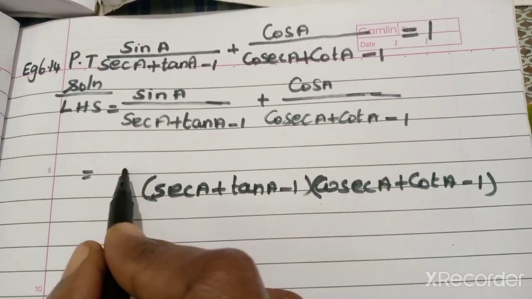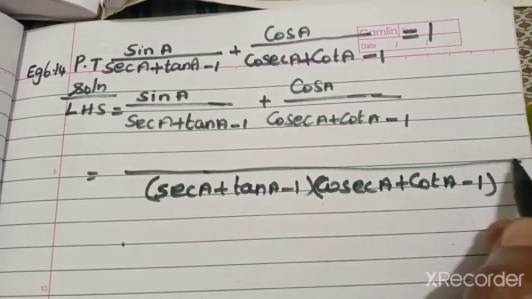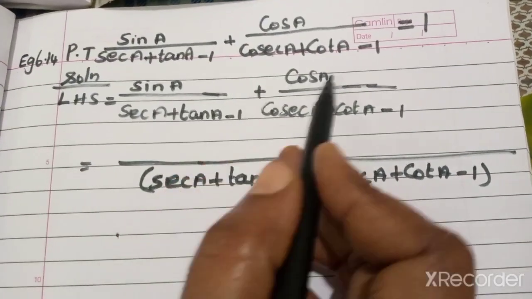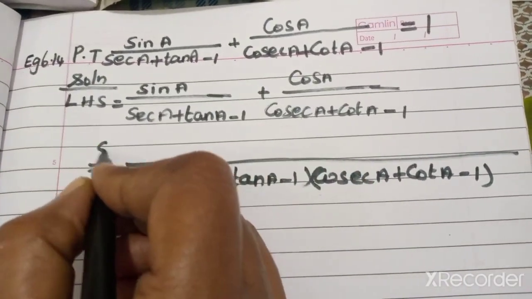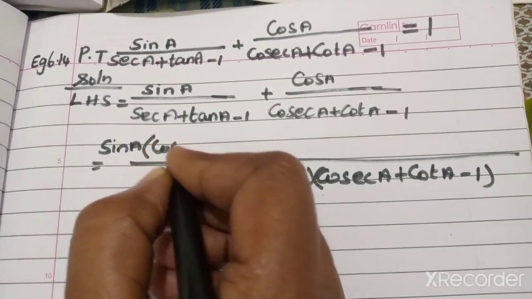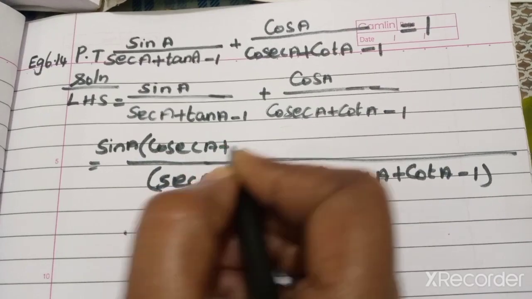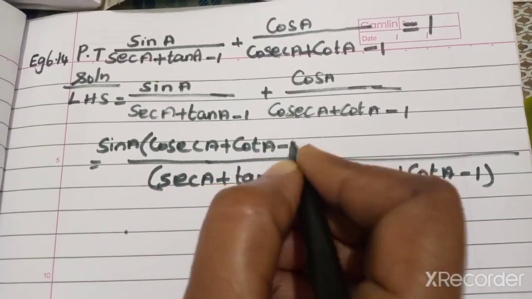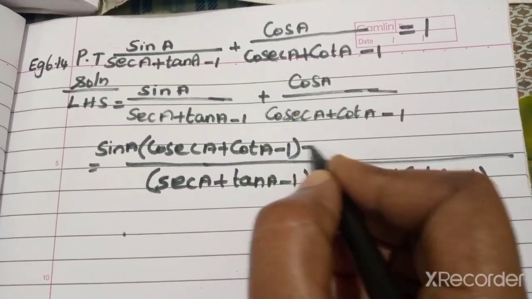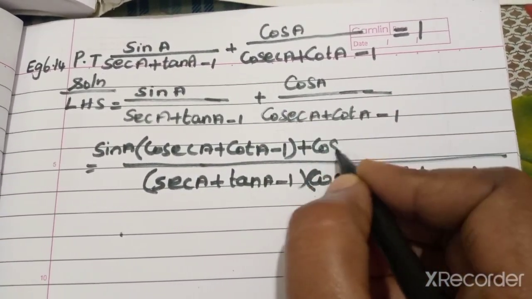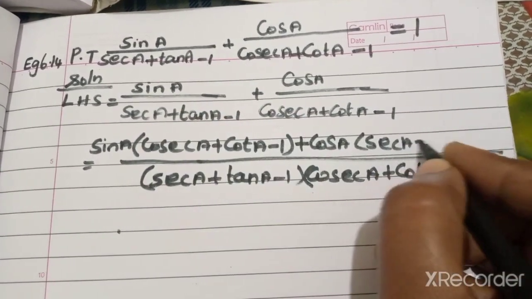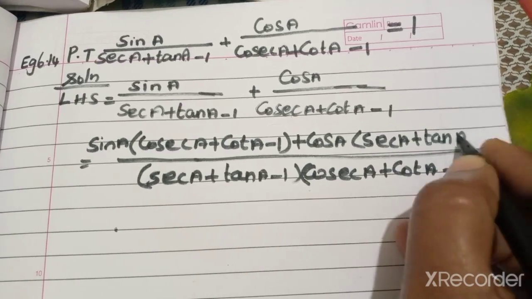So numerator, what is the numerator? Cross multiplication. Okay, sin A into this term plus cos A into this term. Let's write sin A into this term cosecant A plus cot A minus 1. Then these two terms, plus is there, so plus cos A into this term secant A plus tan A minus 1.